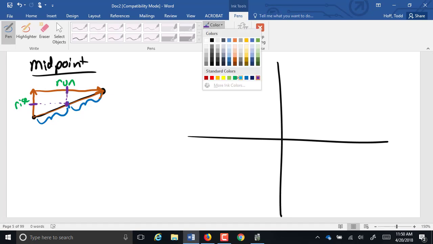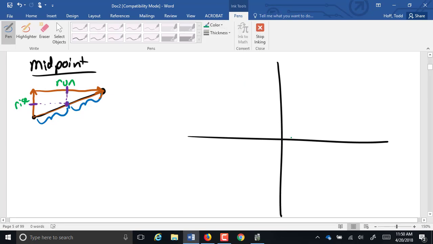So on my graph over here, if I have points, let's say I have a point here at 2, 1, and its other endpoint is at 8, 5. That's connected as a line segment.